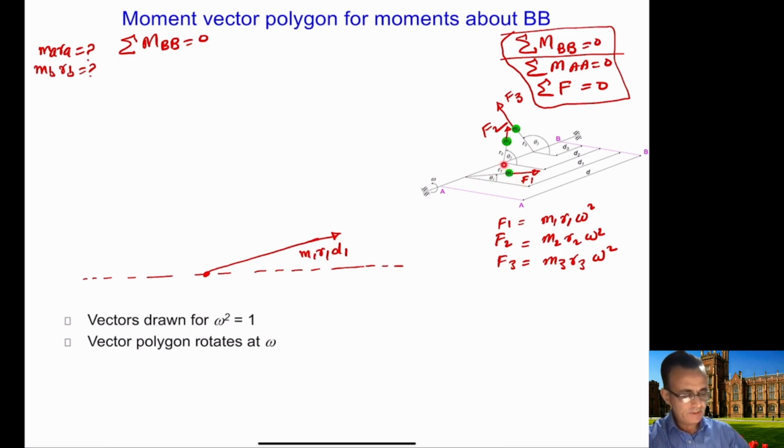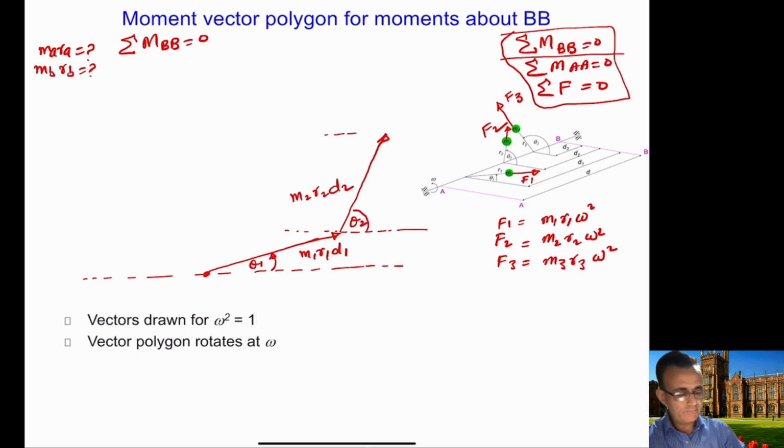Similarly, for M2, we can draw the moments in the direction of the force. So this is our theta 1, and in this case we can draw the M2 R2 D2 here, and this is our theta 2.